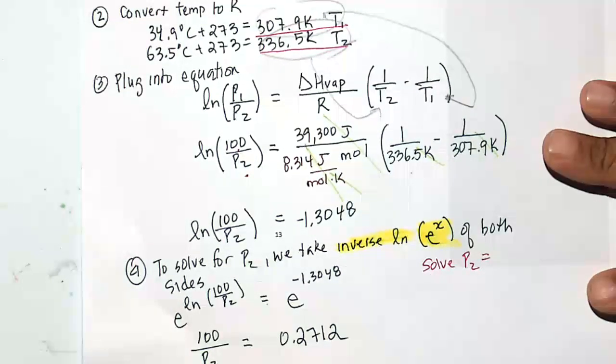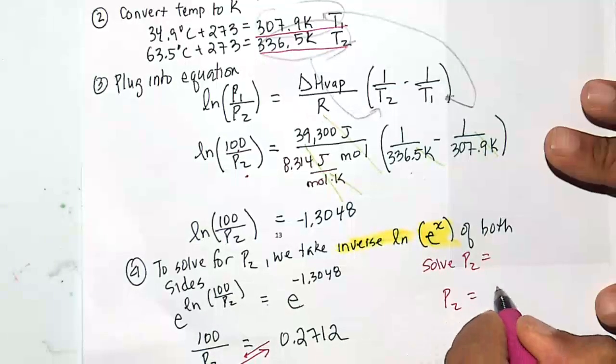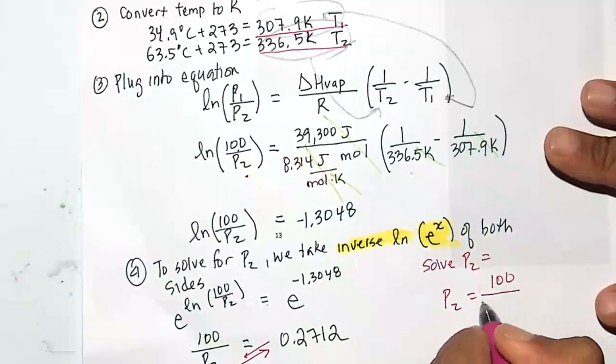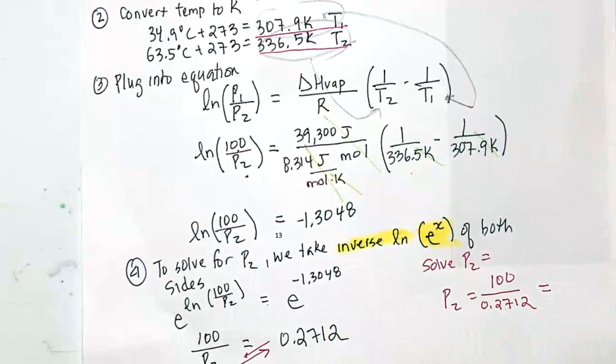So how will we do that? We'll cross multiply. So we'll take the P2, move it up. We'll take the 0.2712 and move it down. So P2 I'm getting to equal 100 divided by 0.2712. And this should be our answer.